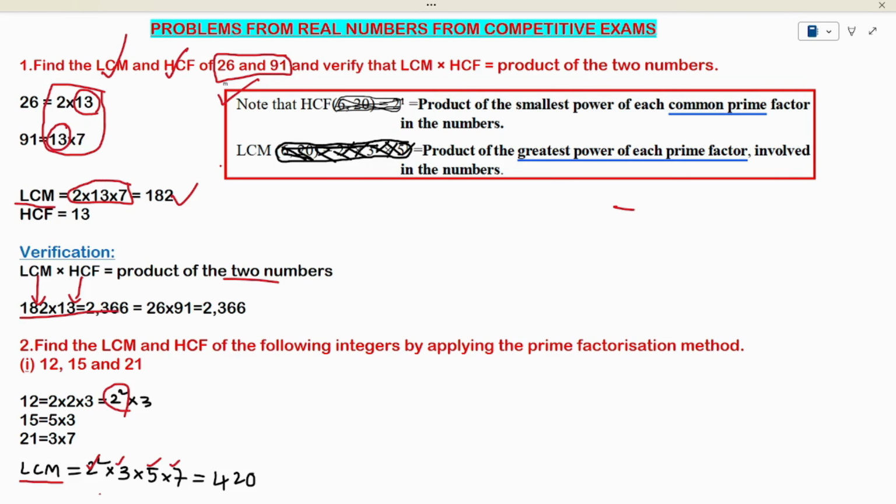By multiplying, we will get 2366 as the answer, and by multiplying the numbers asked in the question, 26 into 91, we also get 2366, which means we have proven that LCM into HCF equals the product of two numbers. So, problem 1 is completed.